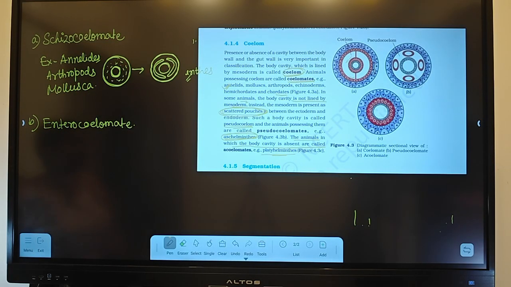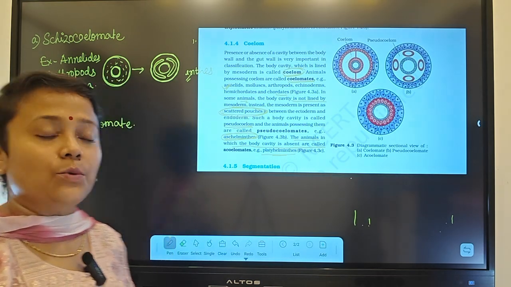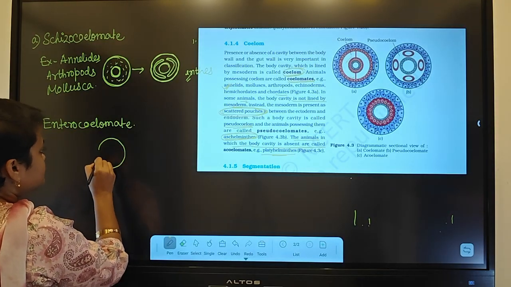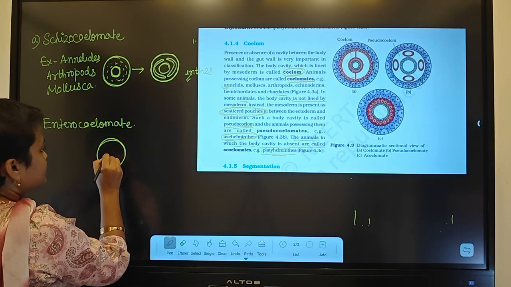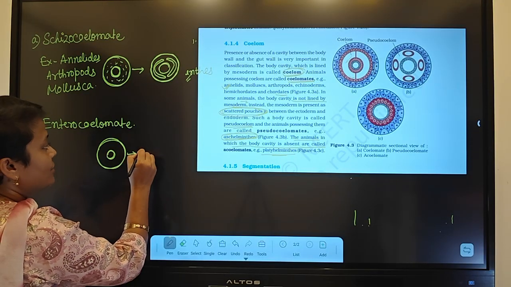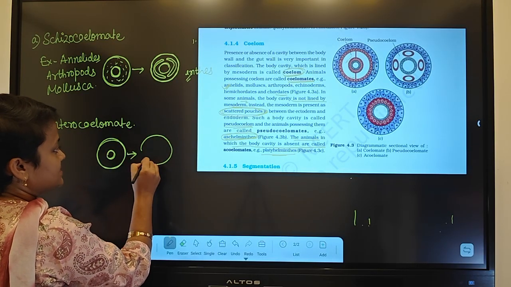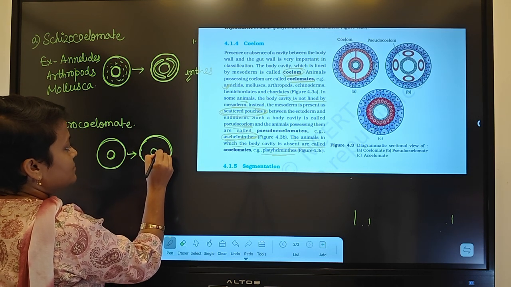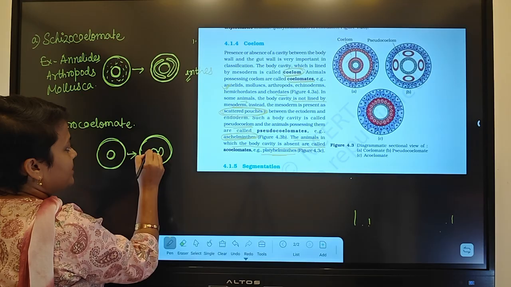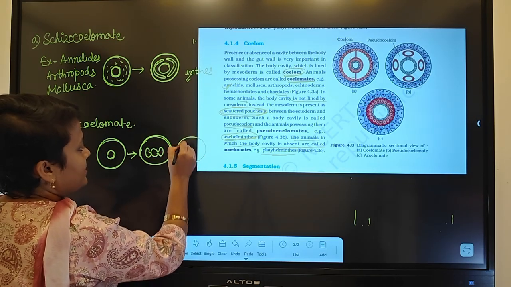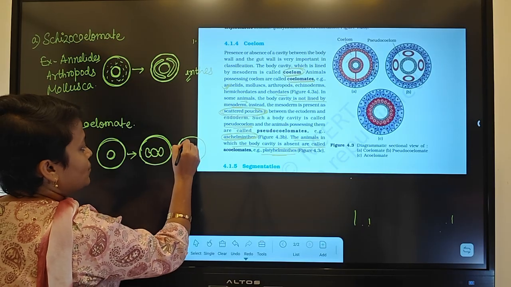Okay. Another way by which there will be development of coelom, how will it be? Let's say it is the body wall and this is the gut wall. Now there will be development of gut pouches, meaning from the gut there will be out-pouching. Two pouches will appear from the gut and later it will make the coelom.